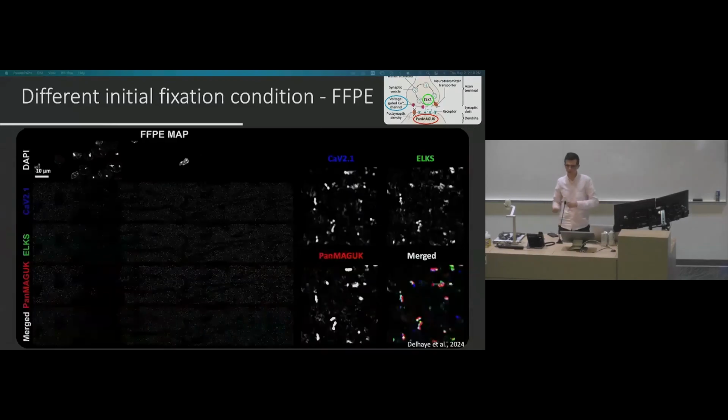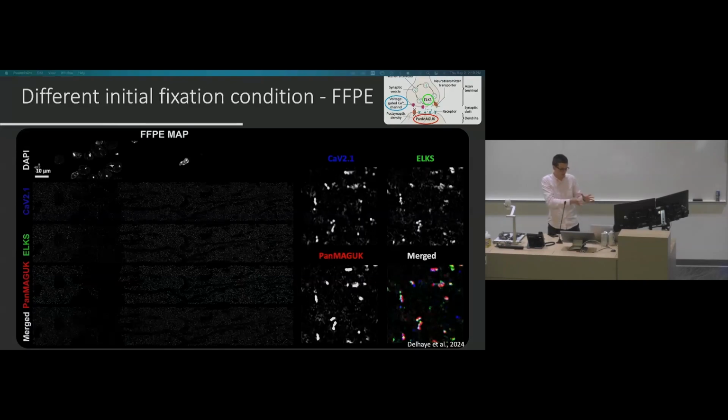Then we also wanted to try to use this on FFPE mouse brain sections. FFPE means formalin fixed, then paraffin embedded mouse brain tissue. These are the exact conditions that are used for banking human brain after either resected surgery or postmortem surgery.